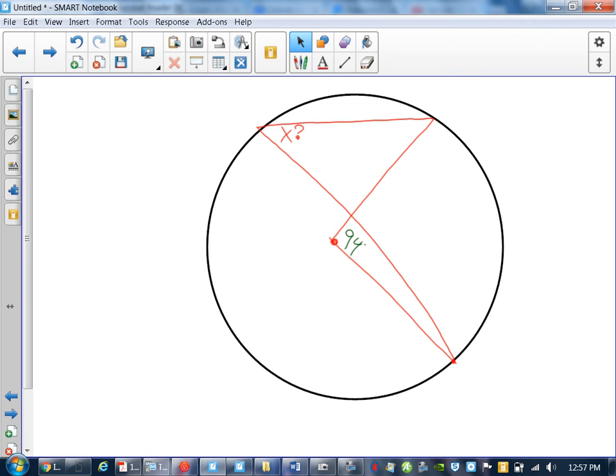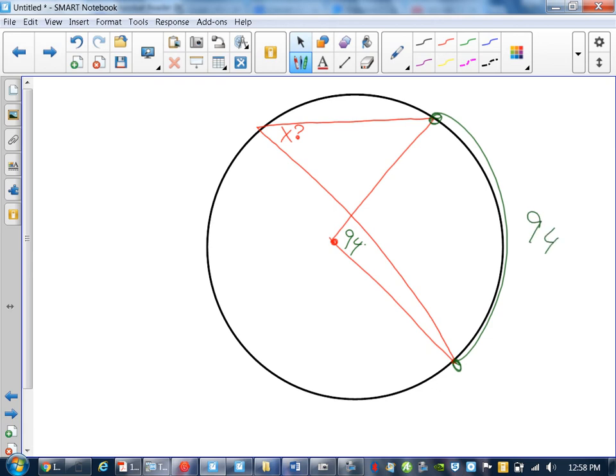For example, that 94 degrees is what kind of an angle? Central. It's a central angle. Do you guys agree that it runs into some arc right here? Yeah. Which makes that arc how much? 94. Now working backwards then, doesn't that angle hit that 94?